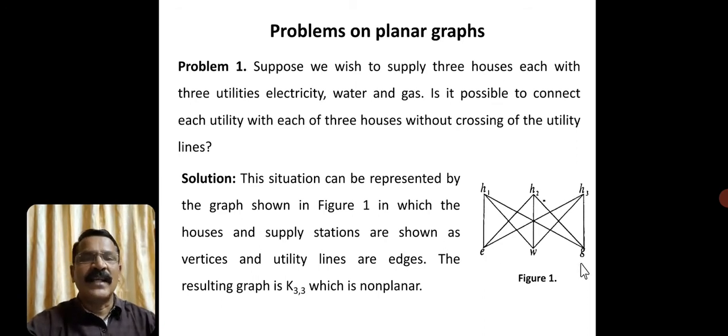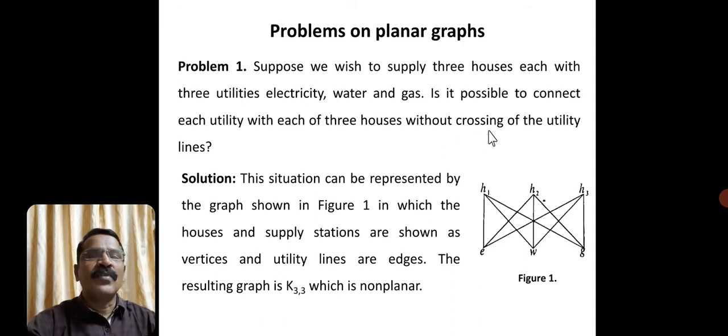Now the question is, is it possible to connect without the crossover of the conduits? So first let me consider the problem. Suppose we wish to supply three houses, each with three utilities, say electricity, water and gas.